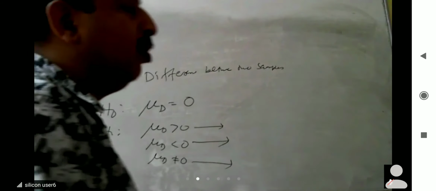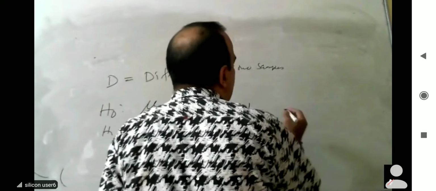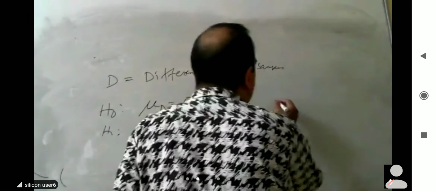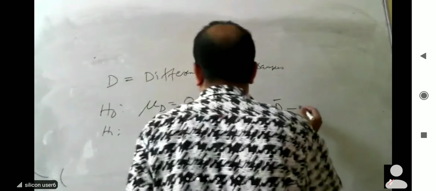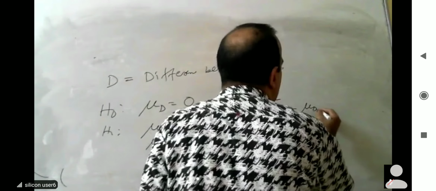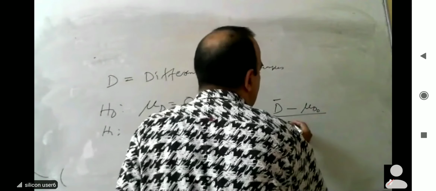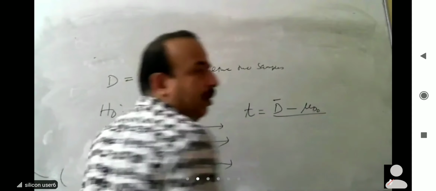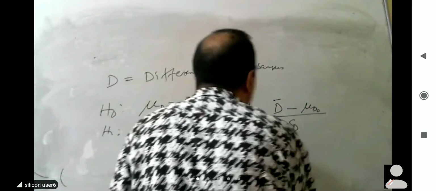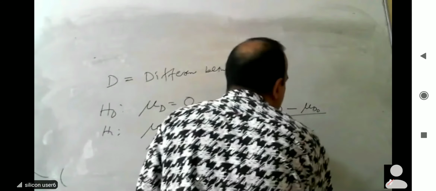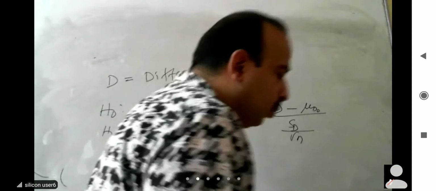So first you find the difference. Obviously you will get less data, because dependent data means less data. You use the T distribution. The formula is T equal to D bar minus mu D0, divided by SD, the standard deviation of the difference, by square root of n.